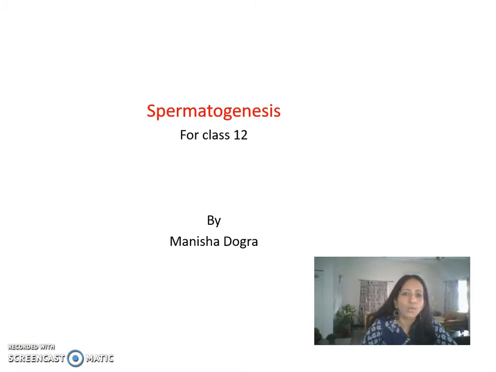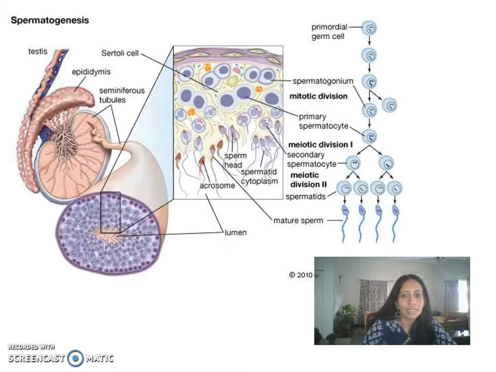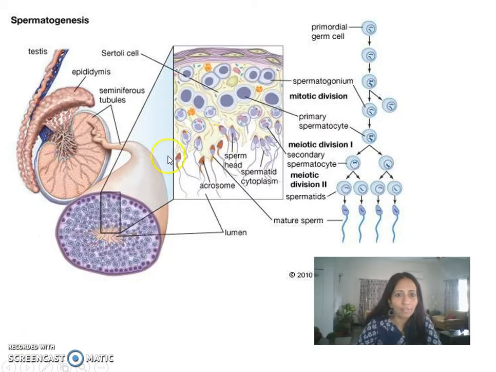Today we are going to talk about spermatogenesis. Our objective is to understand this process, how sperm formation takes place in human beings. For understanding this process, we are going to take help of diagrams. We have three diagrams here.